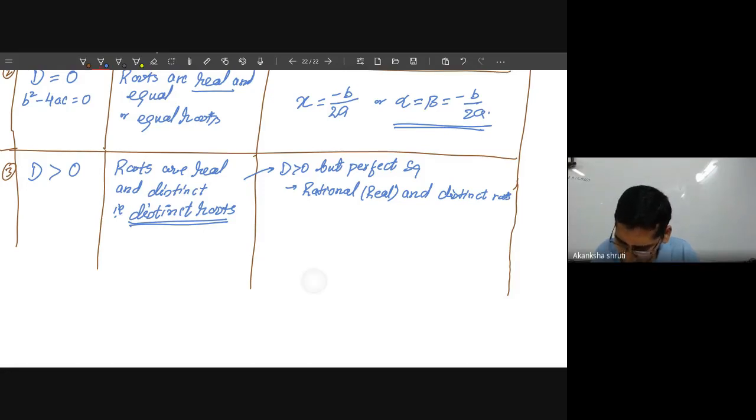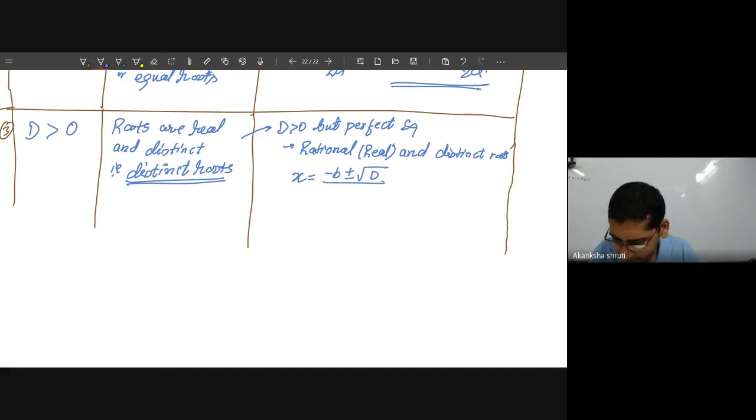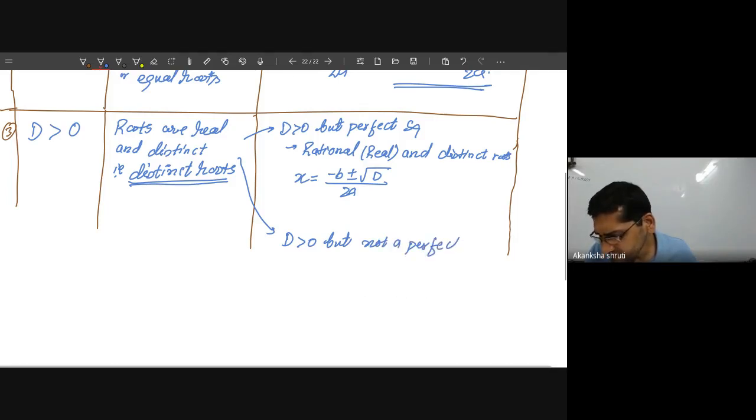How are they calculated? In the same way, the square root of D will come out as a number, so x equals −b plus minus root of D, by 2a. Even if D is greater than 0 but not a perfect square, it is irrational.